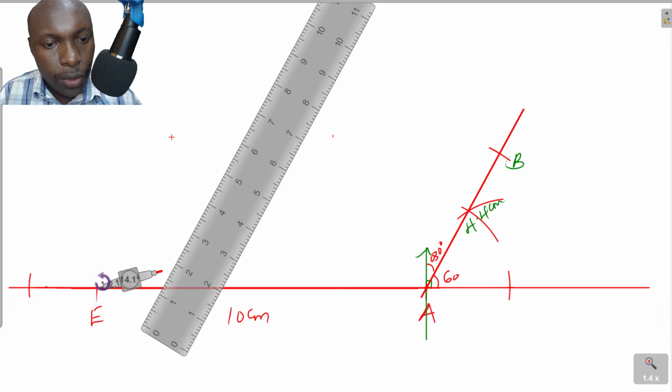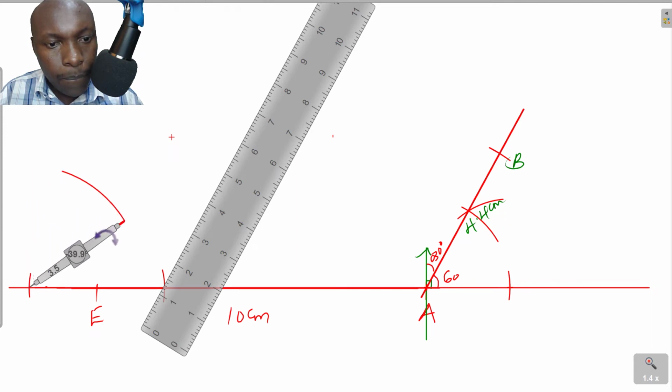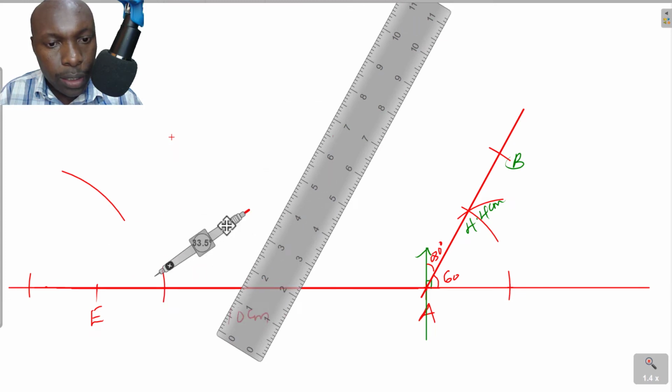You're constructing a perpendicular at point E. Mark another arc there. Then you can adjust and change the radius. So from there you can mark another arc there. This is just to ensure that the point D will be directly north, that is perpendicular.